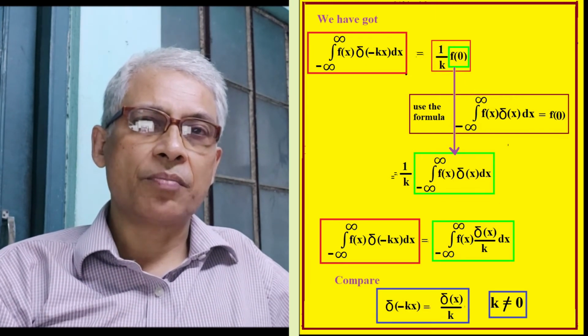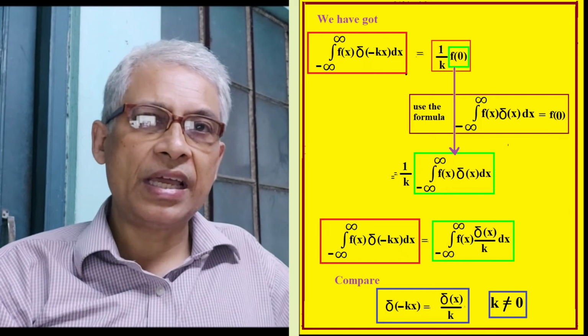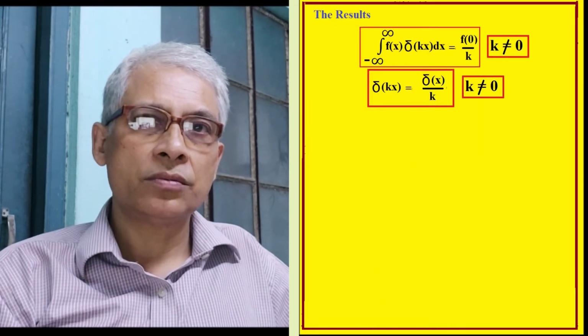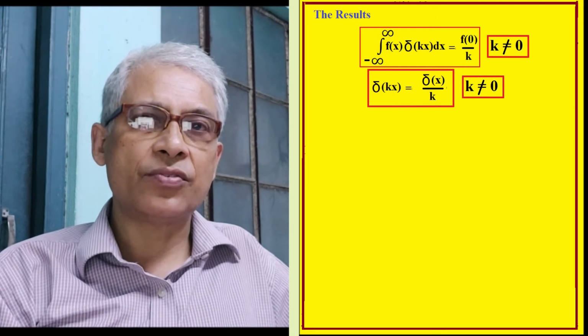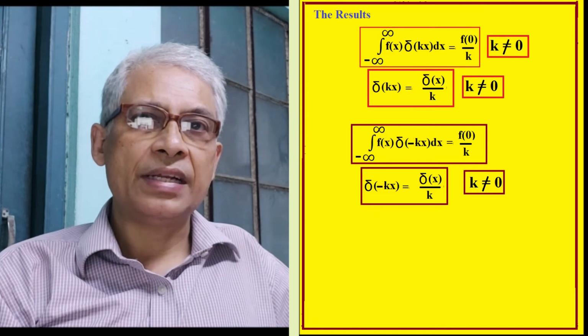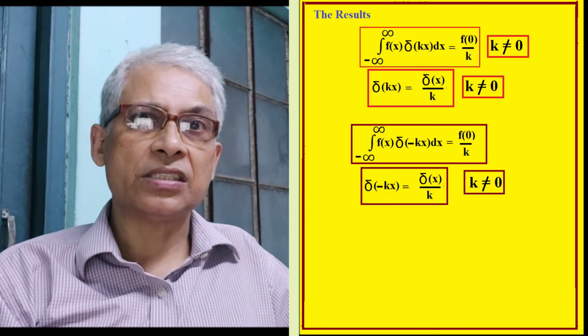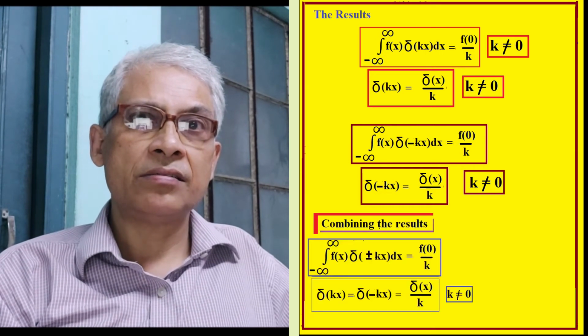Dirac delta of minus kx is equal to Dirac delta of x divided by k, where k is not 0. In this slide, we summarize the results that we got. In fact, we have derived them, and they are very important relations that are referred to over and over again.